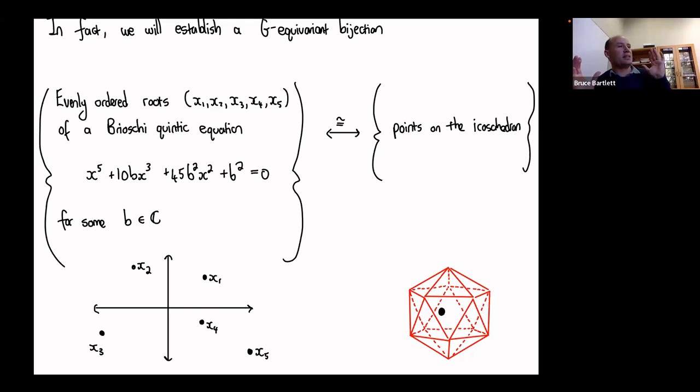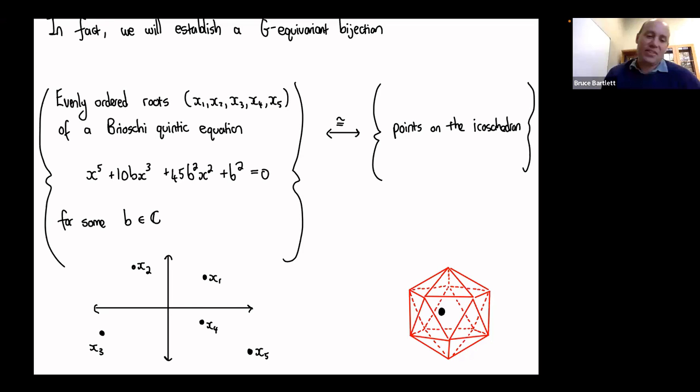So in a sense, I'm taking the story, tidying it all up, and bringing to the fore certain pieces of mathematical structure which people hadn't written down before. So if you get nothing out from this talk, just remember this one thing. Points on the icosahedron correspond to roots of a Brioschi quintic.